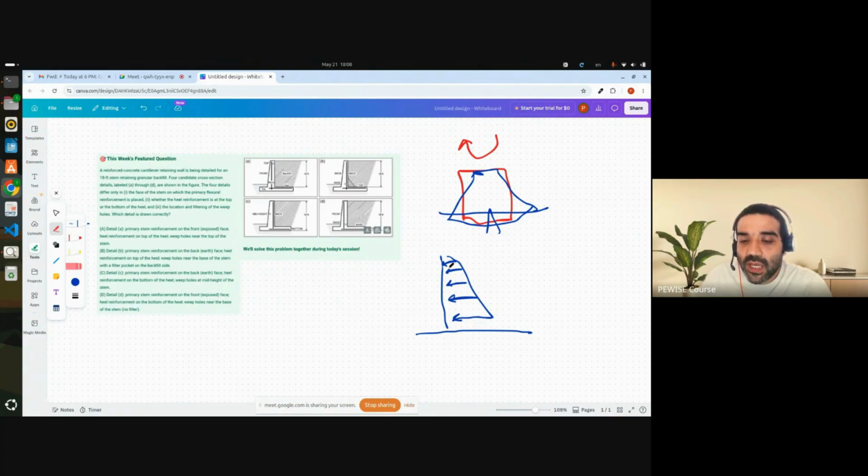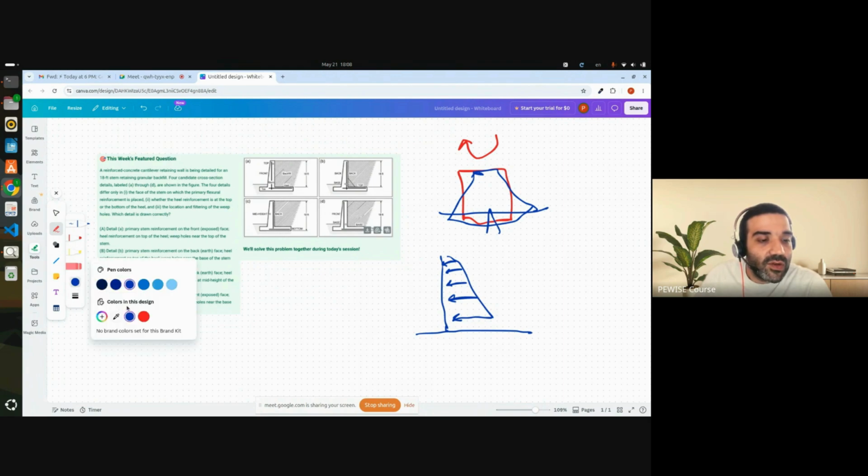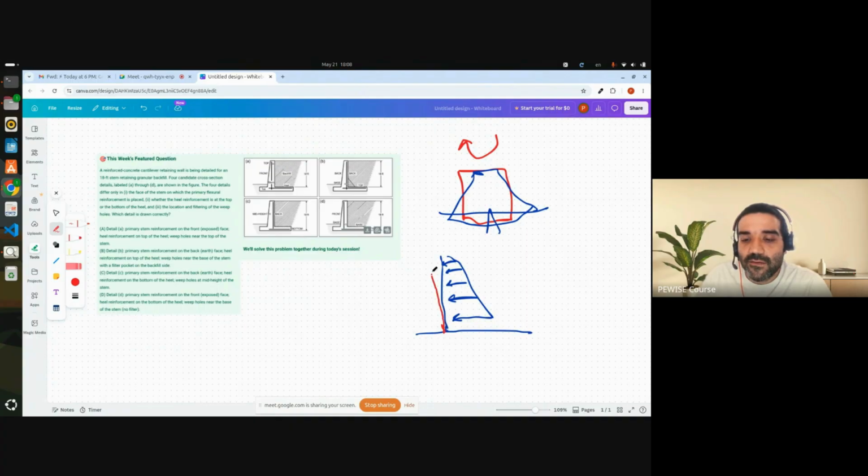This part, how does the wall deform? Like any cantilever, you have this kind of deformation. So we know it's bending this way, and naturally, as we said here, the part that elongates needs to have reinforcement. So the reinforcement should be on the right side. It should be here.